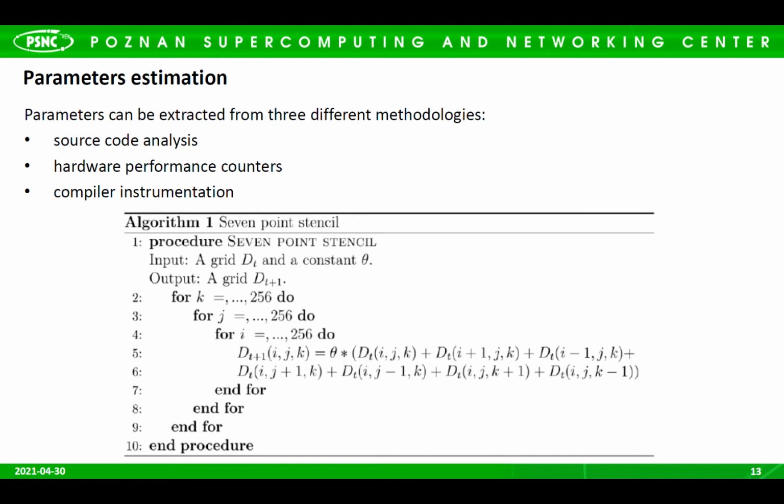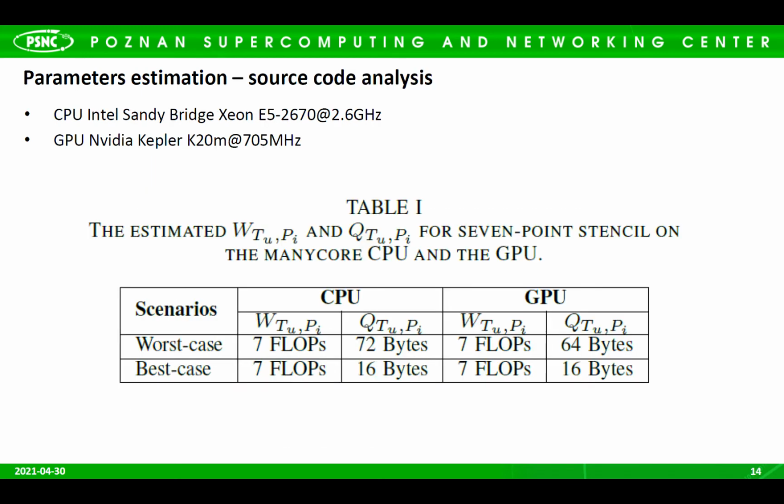Here you can see the source code of the 7-point stencil applied for the computation on the grid, and we can see that there is one multiplication and 6 additions per grid point. The stencil code analysis can be conducted based on assumptions about the efficiency of the underlying memory hierarchy.